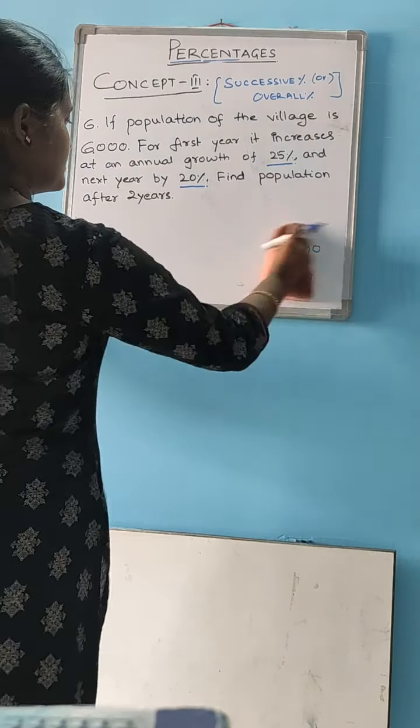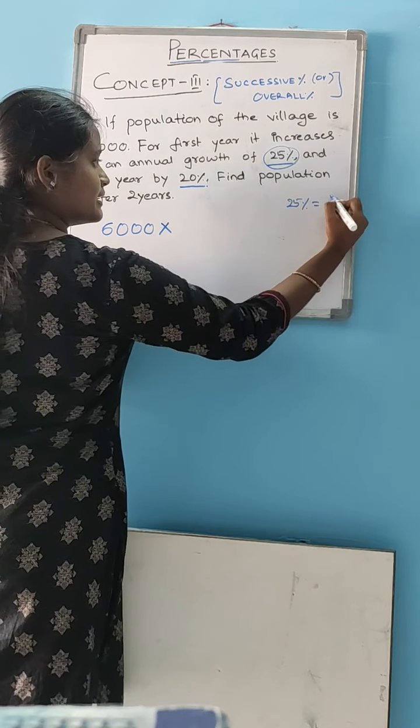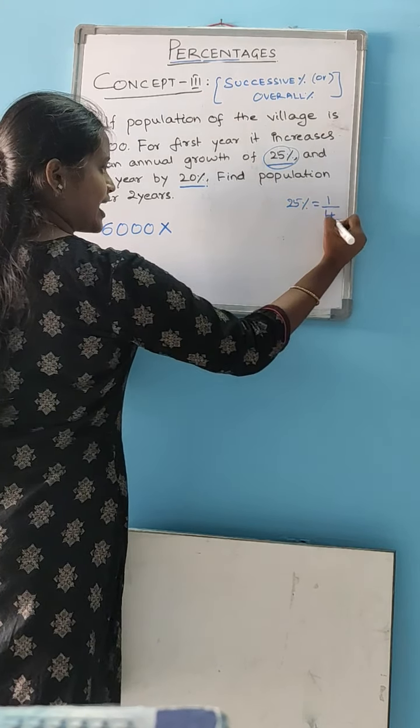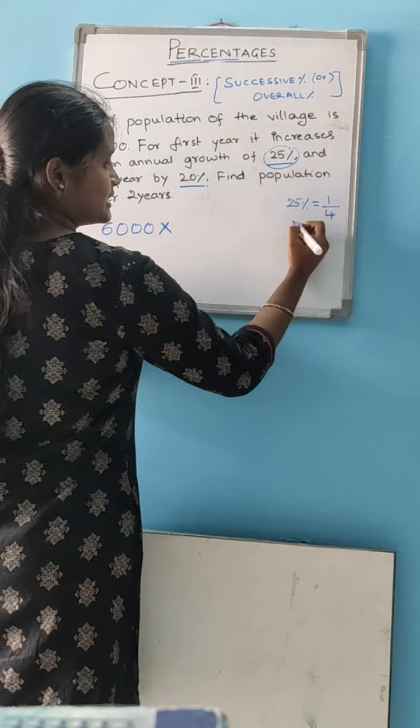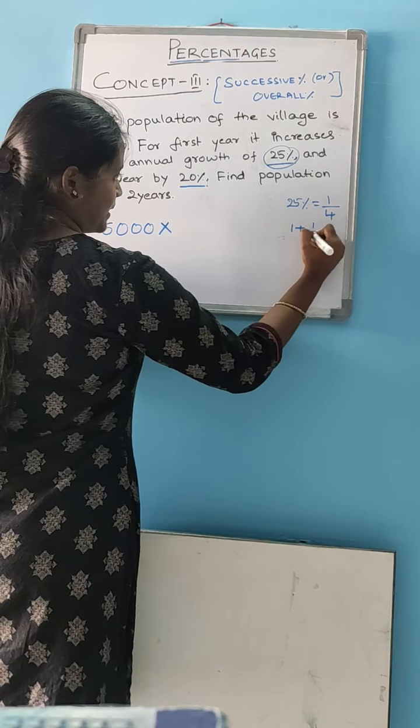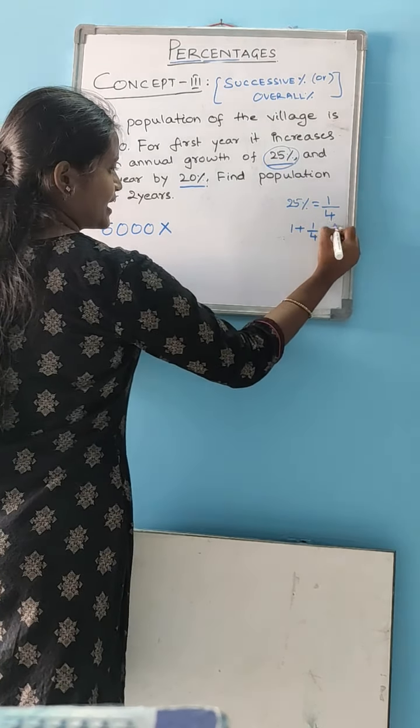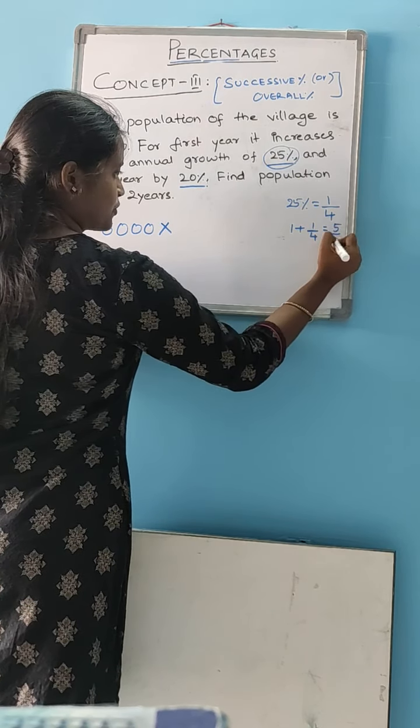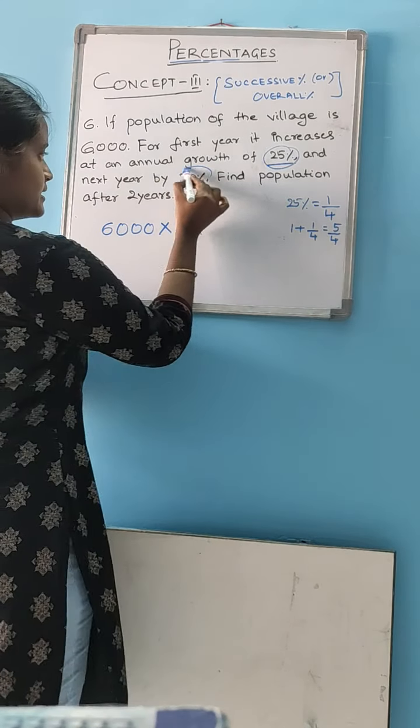Here the population given is 6,000, and initially the population increased by 25%. 25% as a fraction is 1 by 4. Increased means 1 plus 1 by 4, that is 5 by 4. That means 6000 into 5 by 4, and later it is increased by 20%.